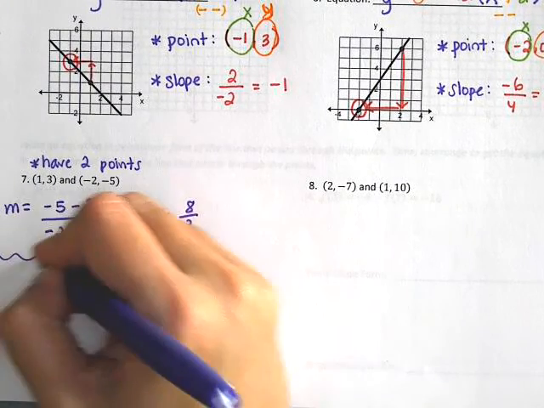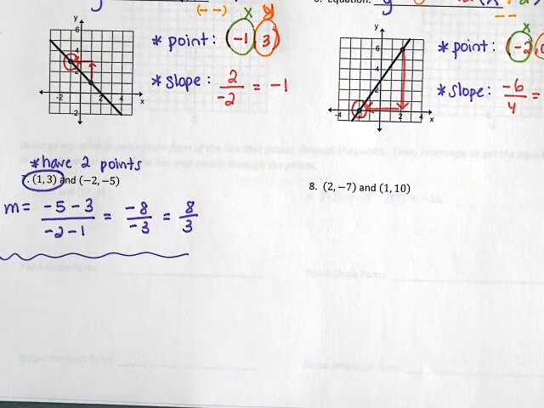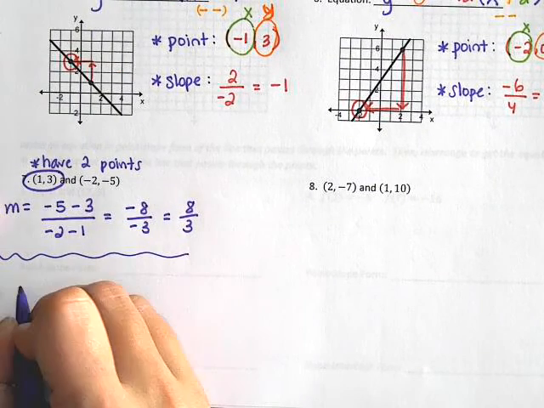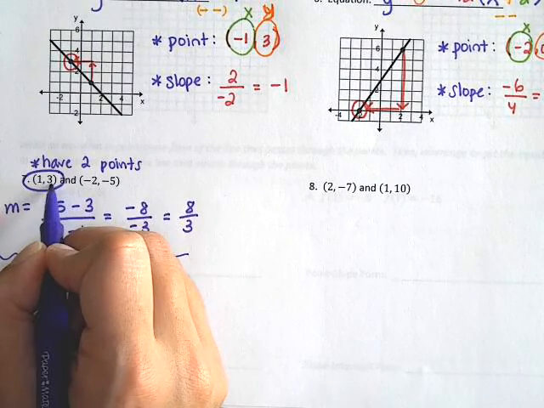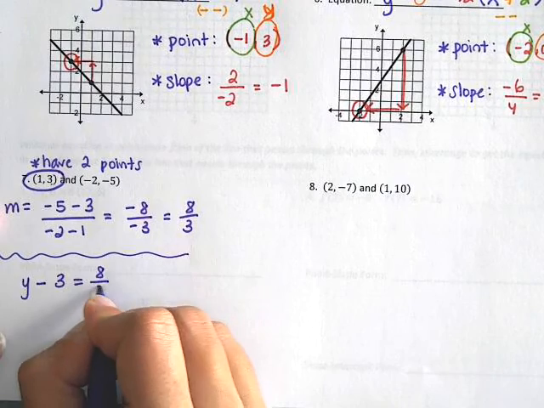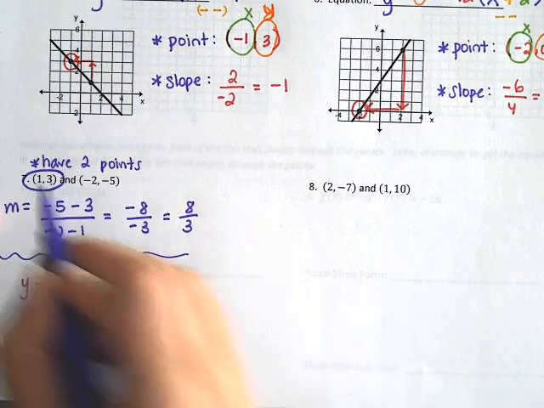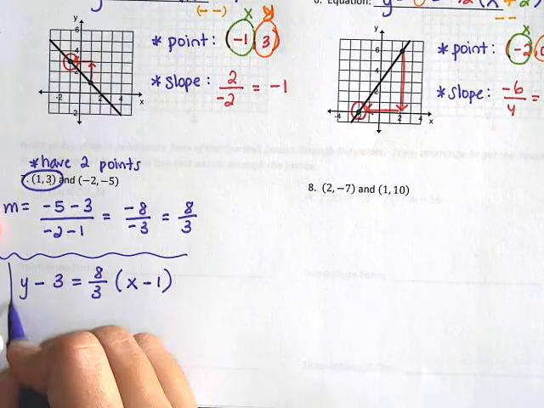Now, I'm going to use the first point. I always use the first one because it's first. So I'm going to have y minus the y value from the ordered pair is 3, equals 8/3, which is the slope, parentheses x minus the x value is a 1. And I'm done.